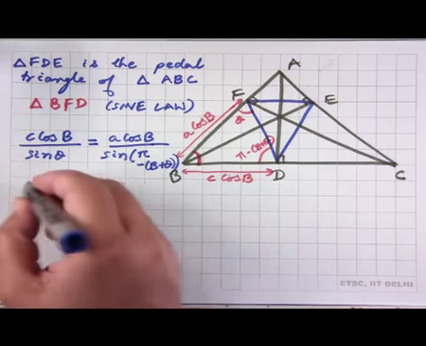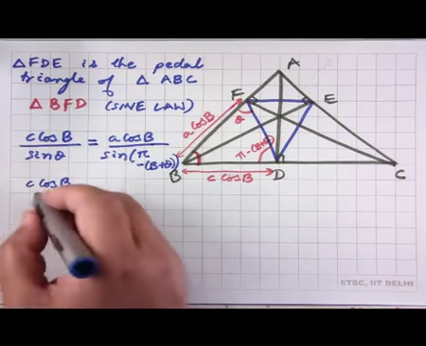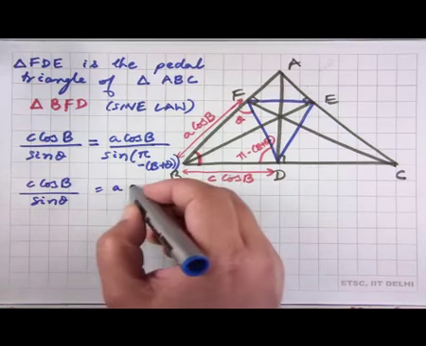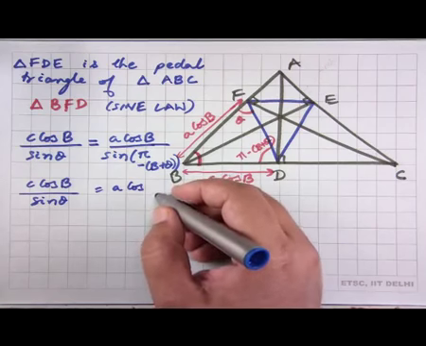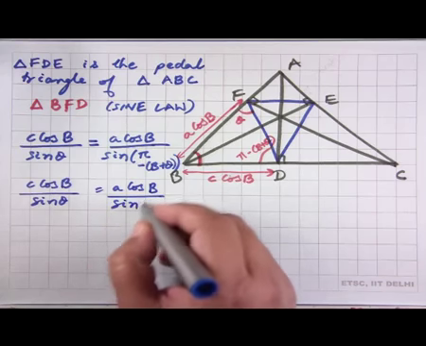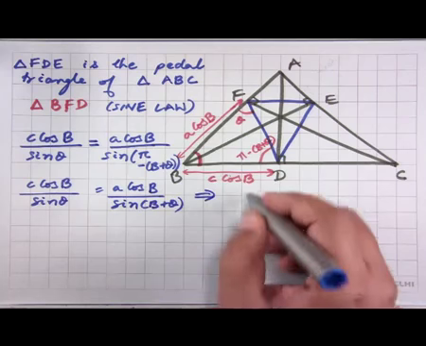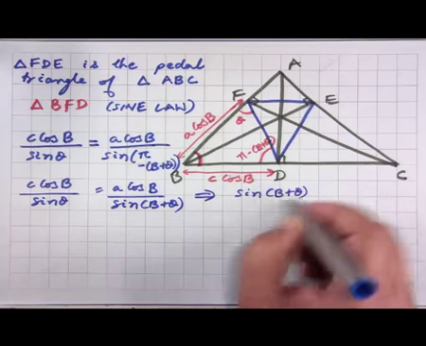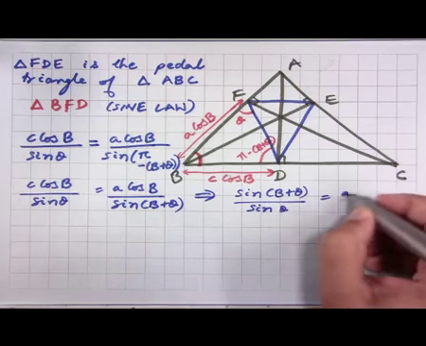So, then we get the equality that c cos B over sine theta is equal to a cos B over sine of B plus theta, which implies that sine of B plus theta over sine theta is equal to a upon c.